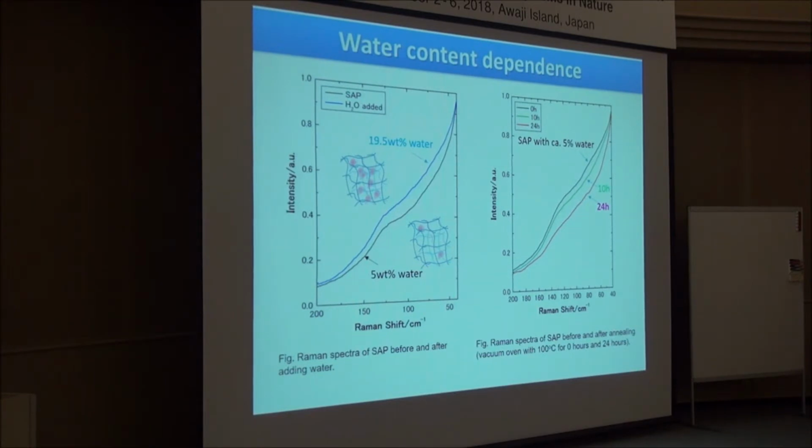This figure shows the annealing process in the vacuum oven at 100 degrees C for 0, 10 hours and 24 hours. By adding water, the peak position does not change so much. However, as you can see in this figure, the band at around 126 wave number shows a shift to a higher frequency.